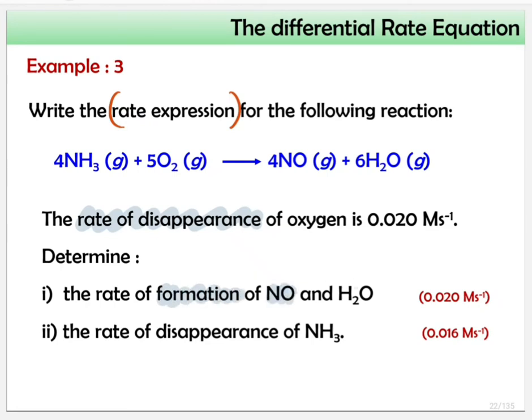Formation for NO and H2O and also disappearance for NH3. So, basically, soalan bagi kita information about O2. Jadi oksigen kita ada information. Apa yang kita nak cari? We want to find the value for formation of NO, formation of H2O, disappearance for NH3.